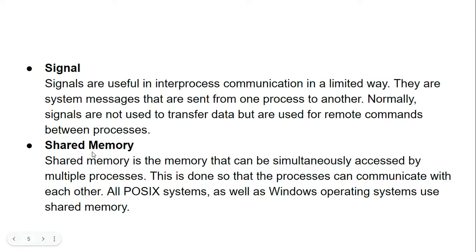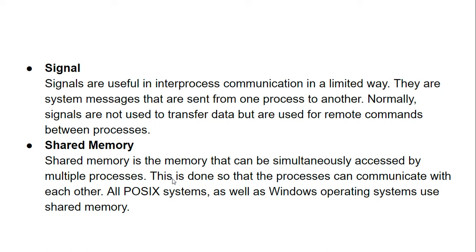And shared memory. Shared memory is memory that can be simultaneously accessed by multiple processes. Two processes will share a part of memory. One will write to the shared memory, another will read from it.